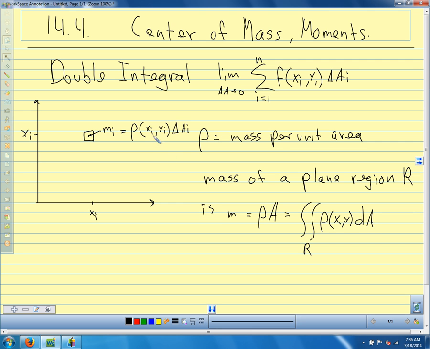So we can have a variable mass density, mass per unit area, and we can find the mass of some planar region that has a variable mass density by evaluating a double integral.